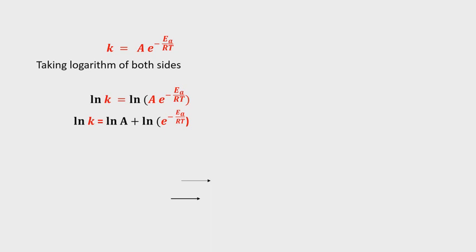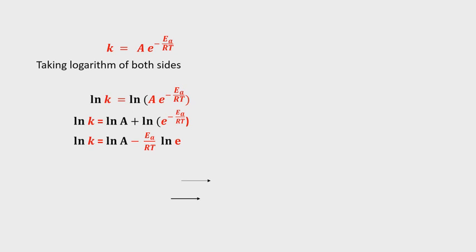This is the formula: log or ln of AB, where this is A and B, equal to ln A plus ln B. This is the direct logarithm formula. Next, ln k equal to ln A minus Ea by RT ln e.